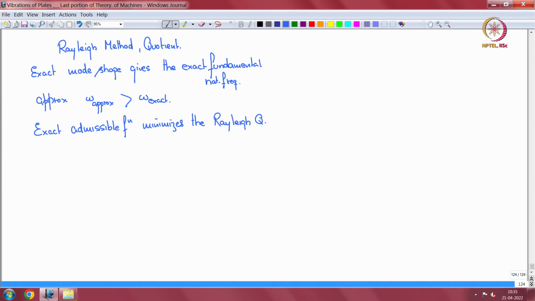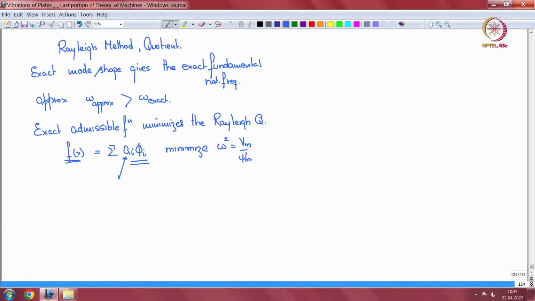So, what we can actually do is set f of x to be a weighted sum of a set of functions, whatever nice functions they may be, orthogonal polynomials, and then we can minimize the Rayleigh quotient with respect to these coefficients.